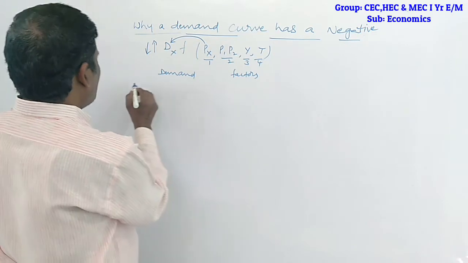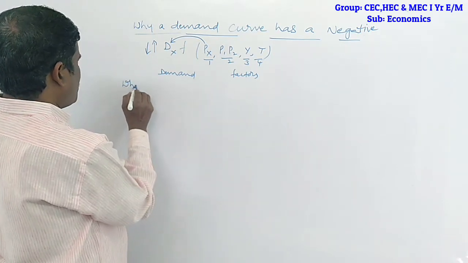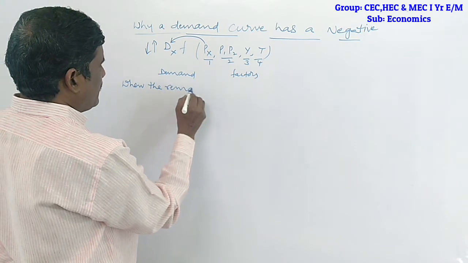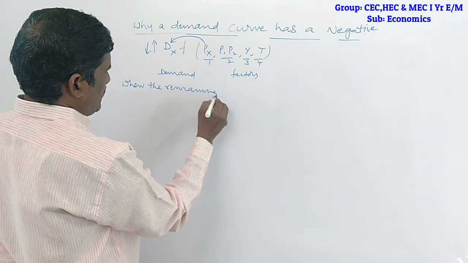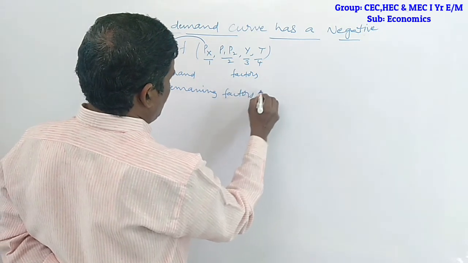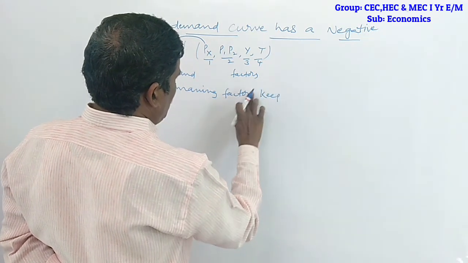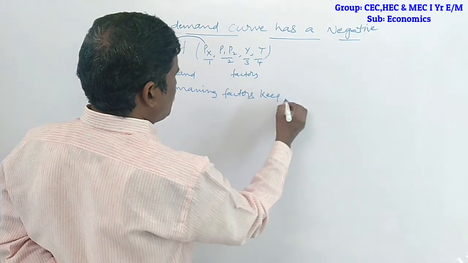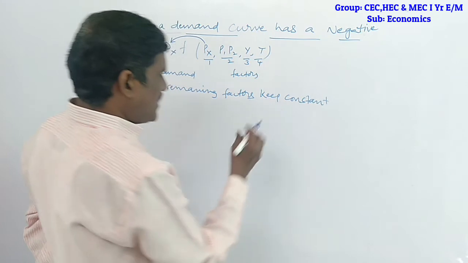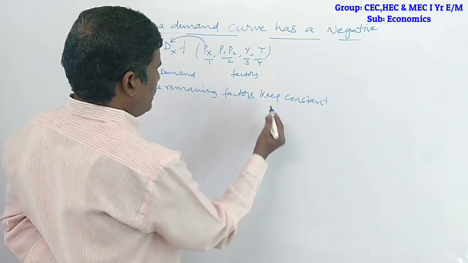Try to understand. When we analyze this, the remaining factors are kept constant. Which ones?